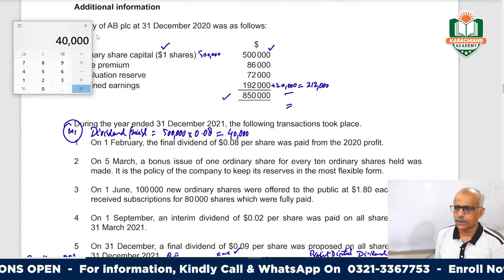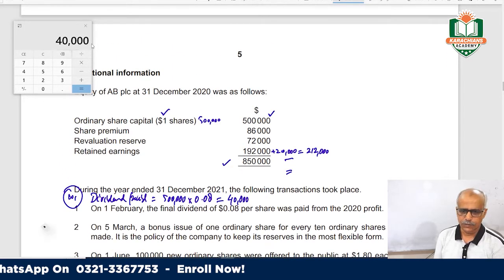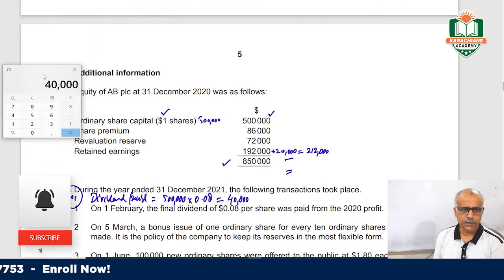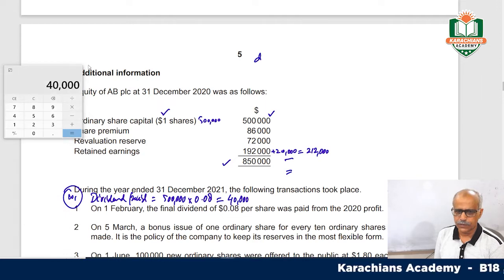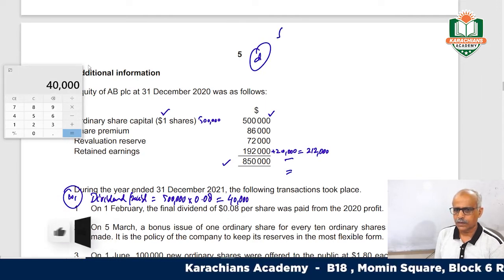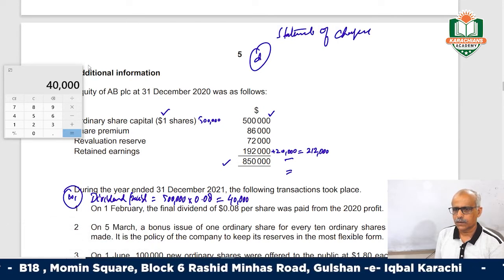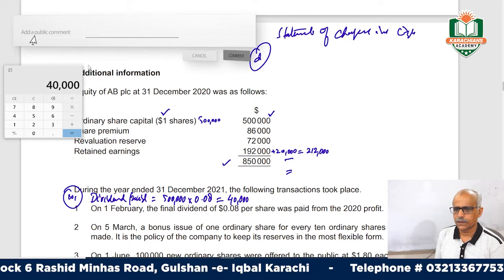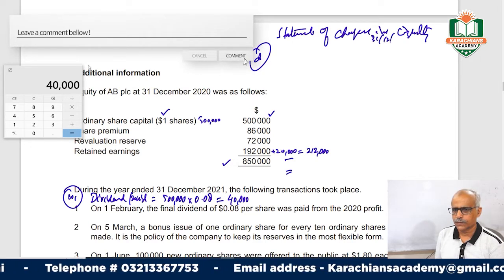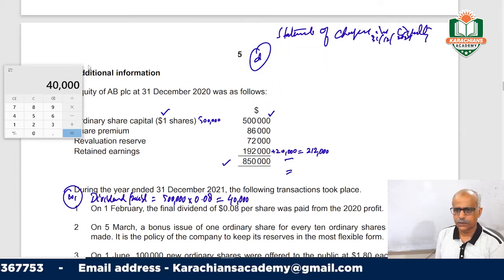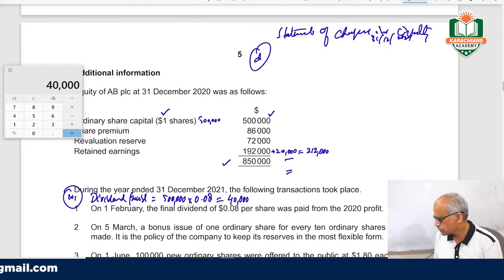So we have to make the statement of changes. I can make this right away because all the data is here. So I prepare D, the statement of changes in equity as on 31st December 2021, and this is your 355.